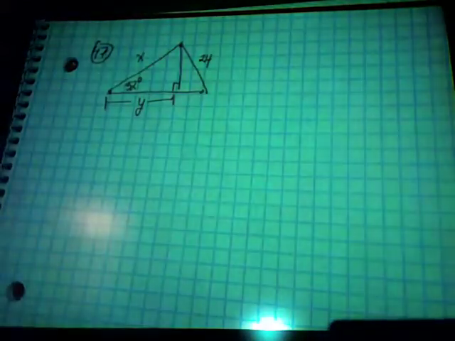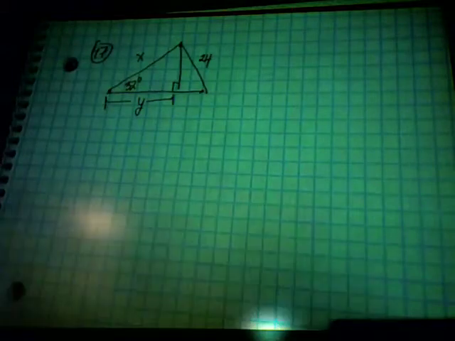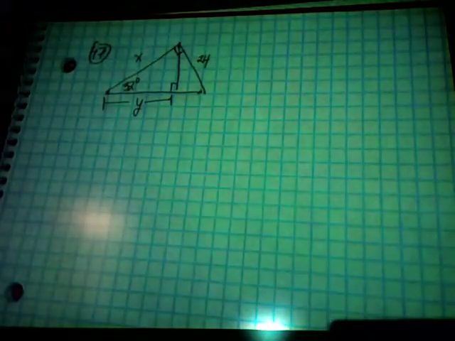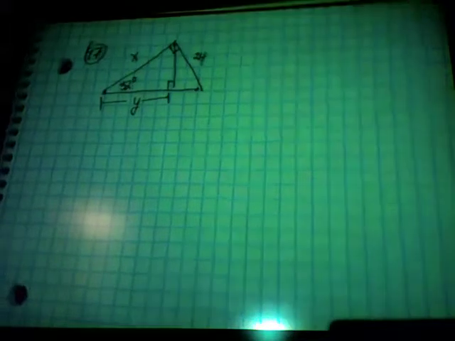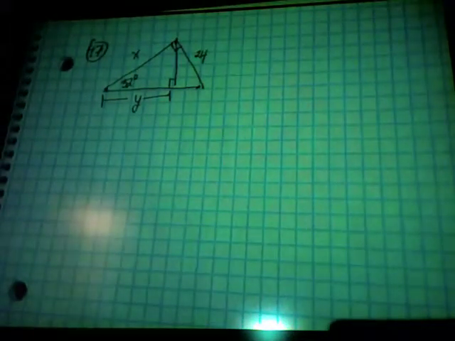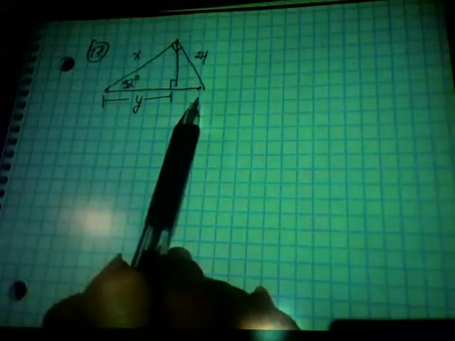So you got two variables in this one and two different triangles. Now this looks like one of our geometric mean triangles, doesn't it? Isn't it a big right triangle with an altitude run through it? The problem is we don't know our full hypotenuse.